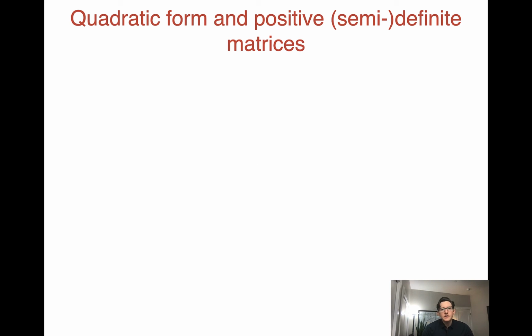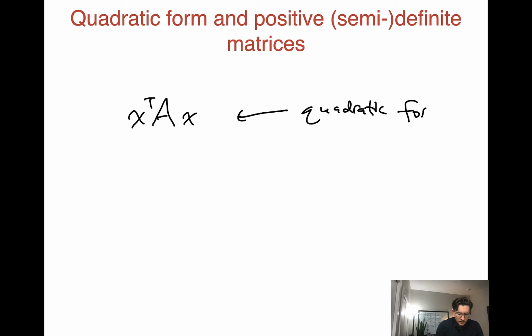Let's look at a specific expression that we're going to see a lot in this course. Like this, x transpose A x. This is called a quadratic form. It's in some ways analogous to x squared in scalar algebra.